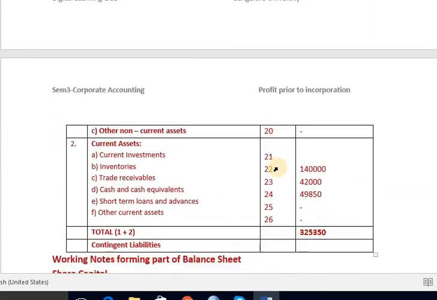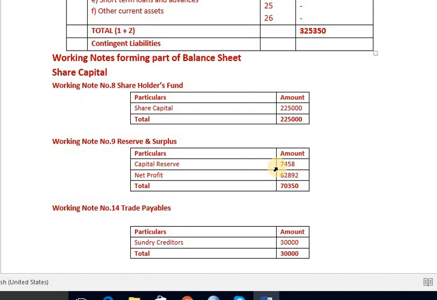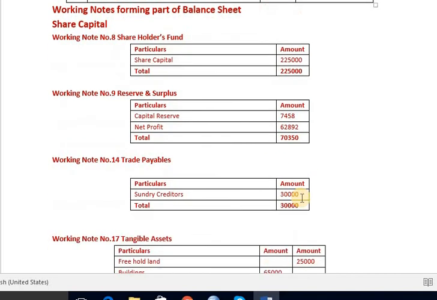Before we prepare the balance sheet, we must focus on the working notes forming part of our balance sheet. Share capital 2,25,000, that is under note number 8. Note number 9, reserves and surplus: capital reserve, pre-incorporation profit 7,458, then post-incorporation net profit 62,892, total 70,350.